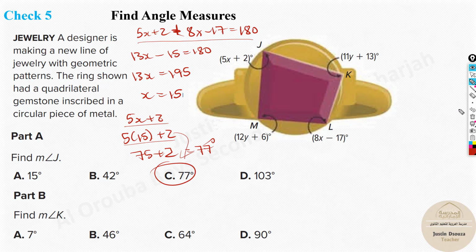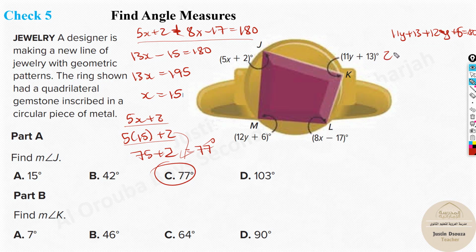Let's do the K value, the measure of K. Now that means you need to just equate these both opposite angles: 11y plus 13 plus 12y plus 6 equals 180 degrees. Sorry for that, hope it's clear. It's 6 over here. Now 11y plus 12y, this is 23y together.